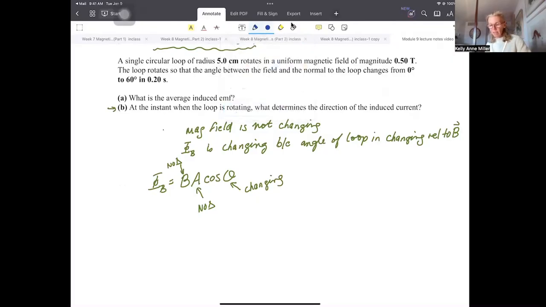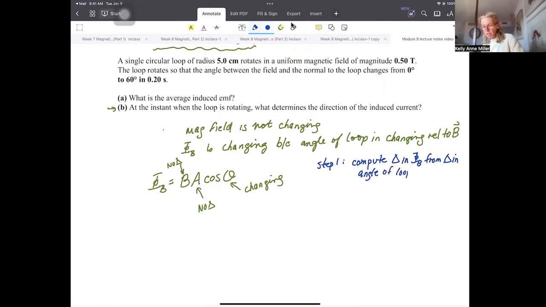So okay, let's write out some steps. Step one is going to be to compute the change in flux from the change in angle of the loop.